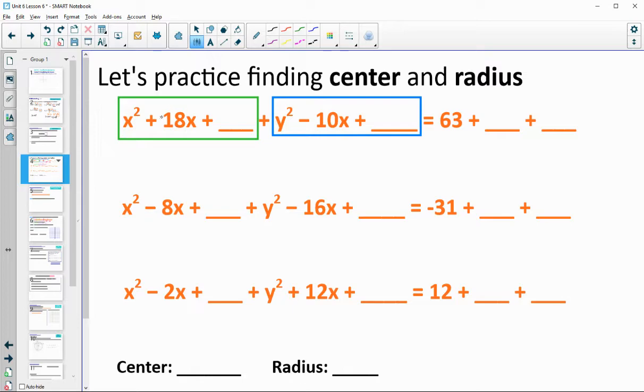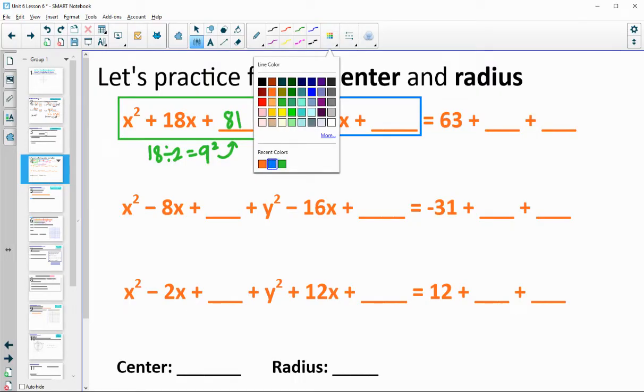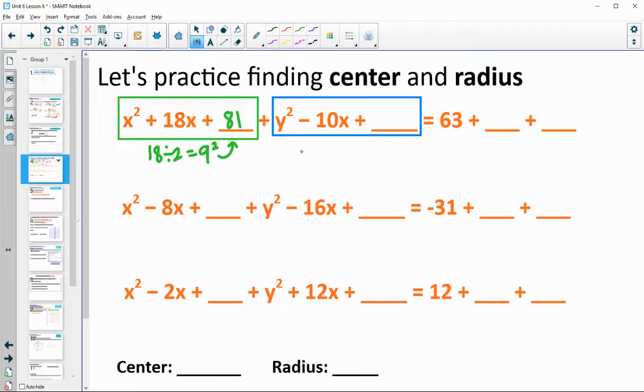So thinking about what you did, we took 18 divided by 2, which was 9. And then we squared that to put it in the blank. So this blank would have been an 81. This blank here would have been negative 10 divided by 2, which is negative 5, squared, which is positive 25.